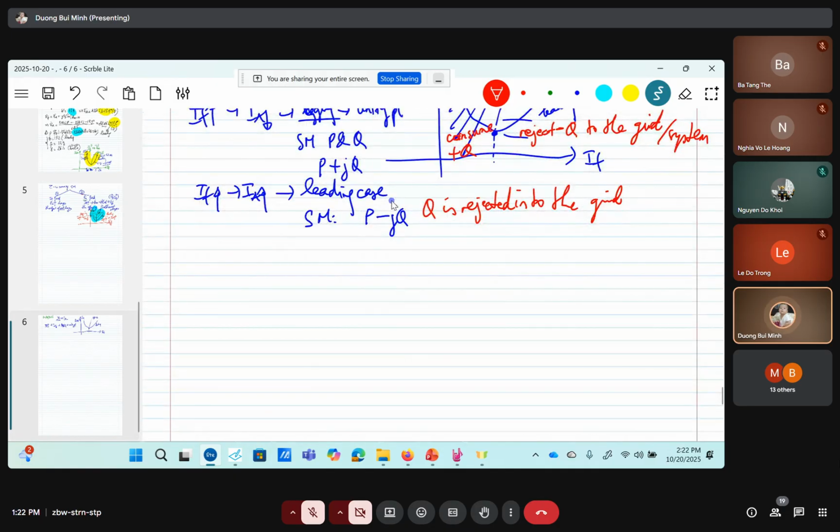So here, for example, we have the grid, and now we have a synchronous motor.